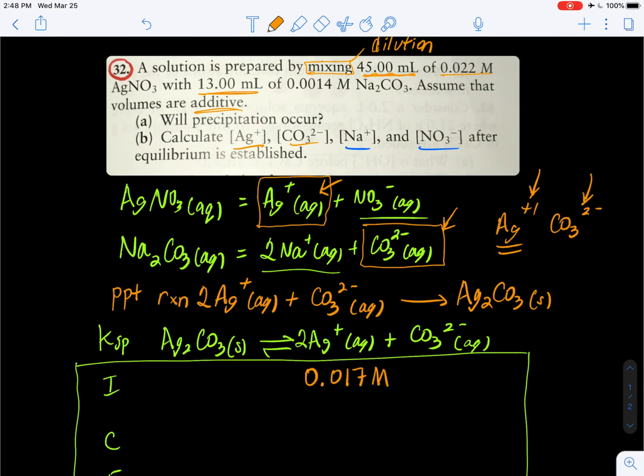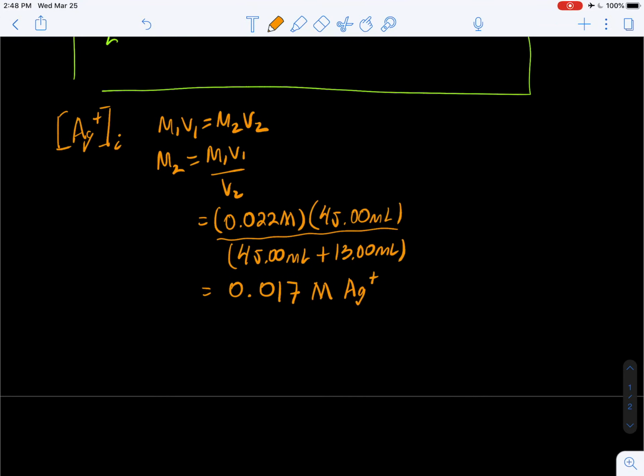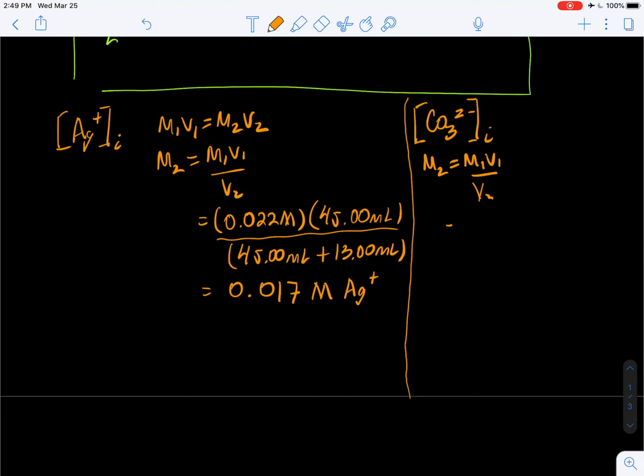Now, let's go ahead and do the same thing for carbonate. Carbonate is the other reactive chemical. Let me try to put it in over here on the right. Okay, so again, we want to figure out what is the carbonate ion concentration initially when the sodium carbonate solution is diluted from the water from the silver nitrate solution. So we use that same relationship again. And what we want to do is plug in these values.